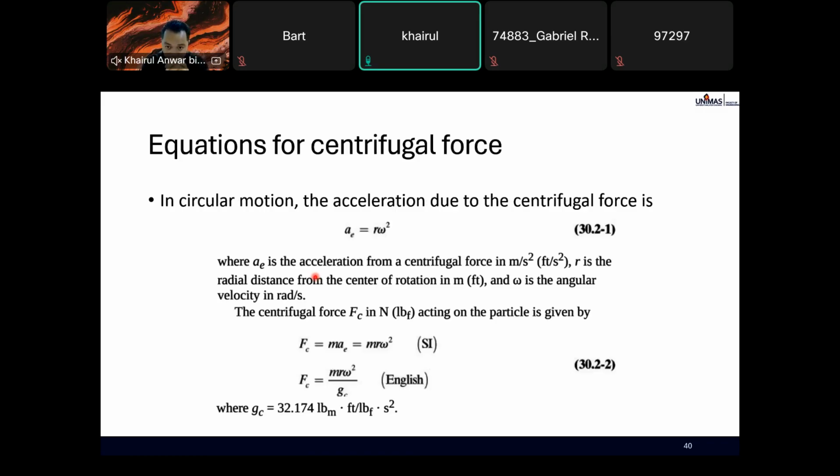And omega is the angular velocity in radian per second. So the centrifugal force F_c in Newton at the particle is given by F_c equal to m a_c, or equal to m r omega squared. Okay, that one is for the English. This is for the SI. So this equation is 30.2-2.